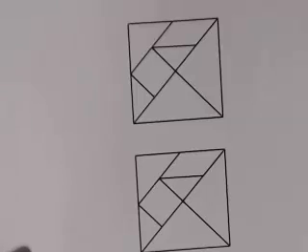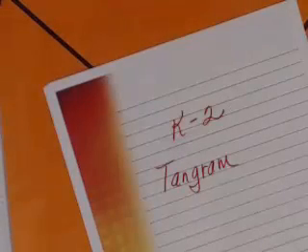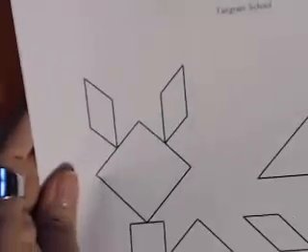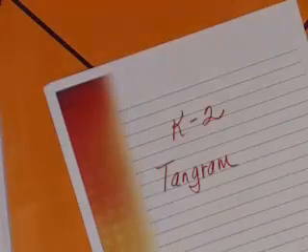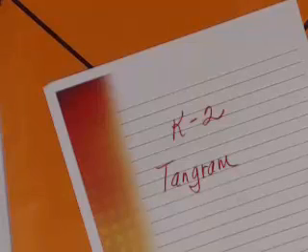And so you can give them several tangrams and they can cut them out and see if they can make some things other than the activities that we have already done in class. So this is a way of involving parents in the curriculum. And again, that's a K through 2 activity with tangrams.